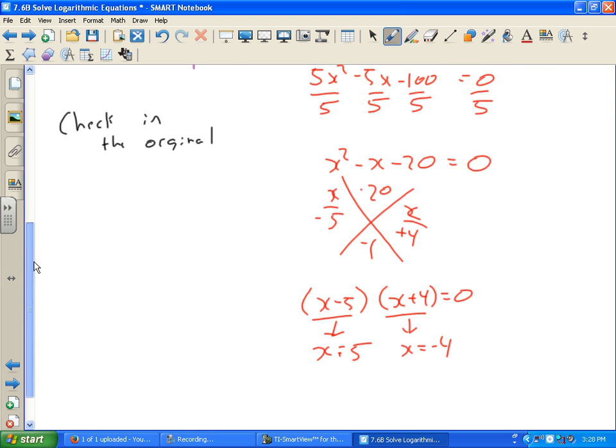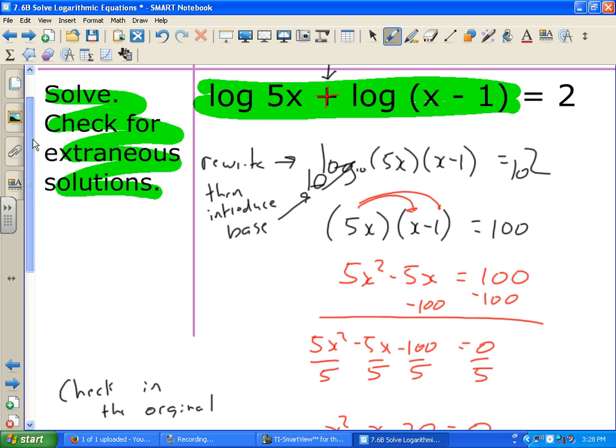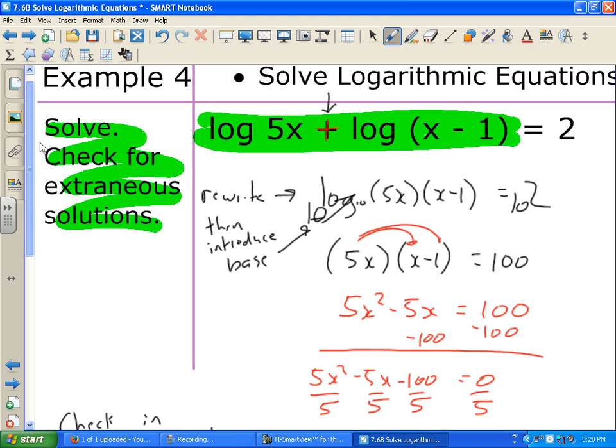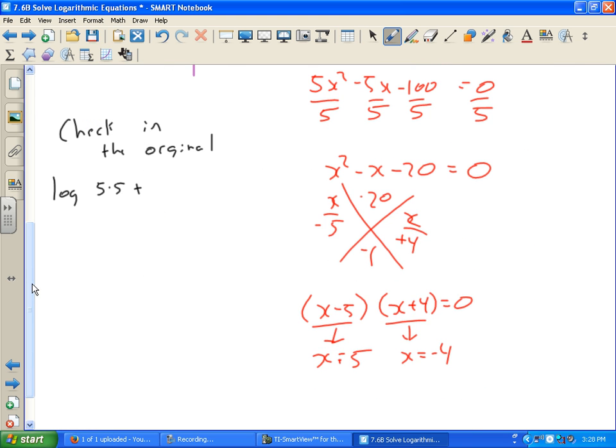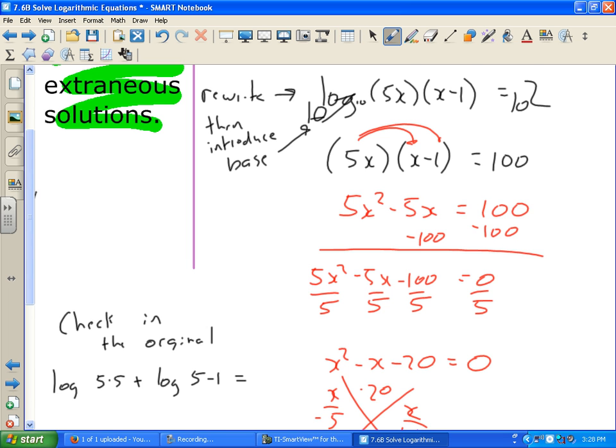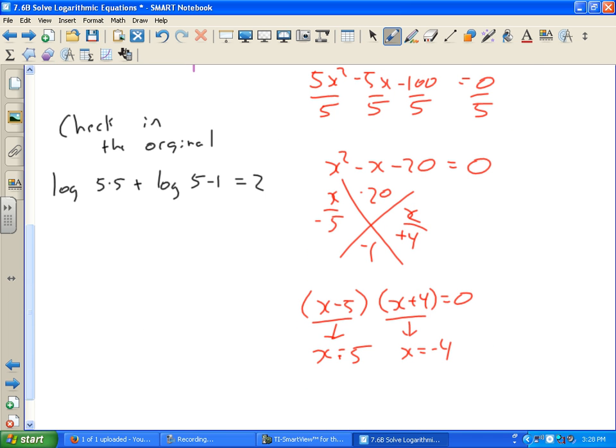So I'm going to do the 5 first. That's going to say the log of 5 times 5 plus the log of 5 minus 1 equal to 2. So that's a log of 25 plus the log of 4 equal to 2.